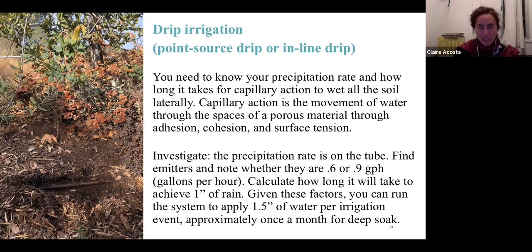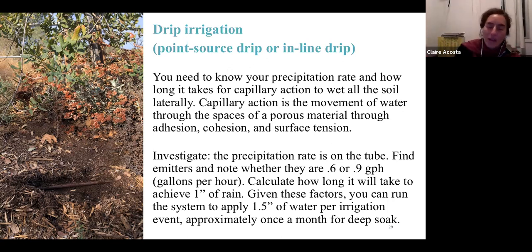With precipitation rates of drip irrigation, they don't come in inches. It doesn't come like the sprinklers, because of this different way of watering. They usually range, actually they go lower and higher than this, but there's like 0.6 or 0.9 gallons per hour. We'll get into the calculations a little bit later, in a slide or two.